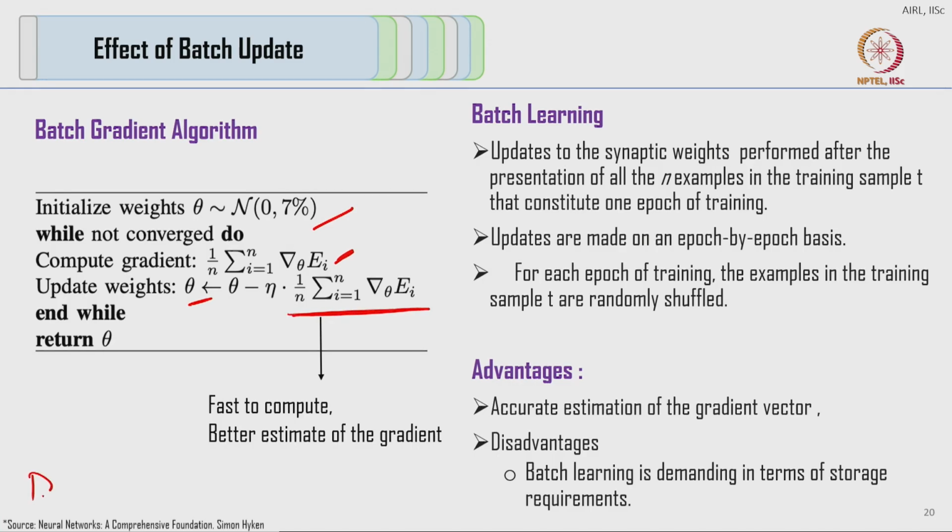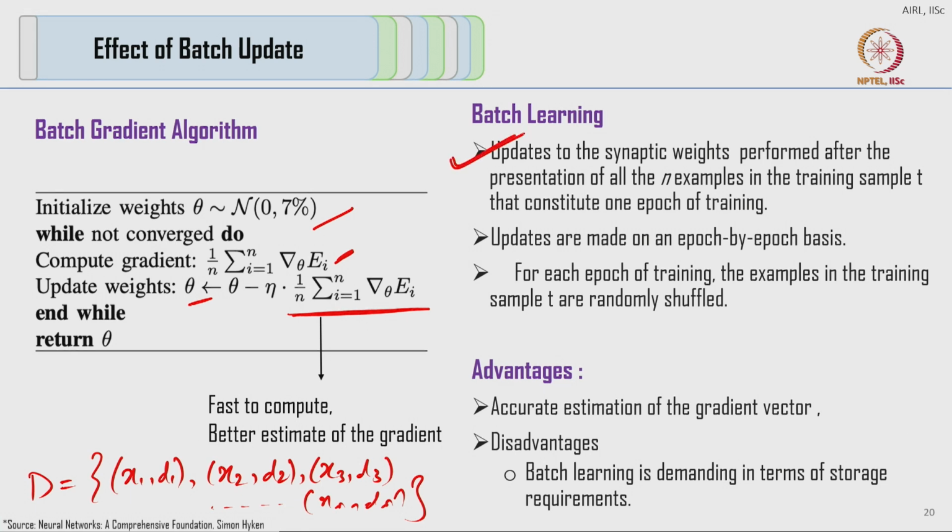So let's again define our data set as x1 comma d1, x2 comma d2, x3 comma d3, up to xn comma dn, right. Now in the batch gradient algorithm, the updates to the synaptic weights are performed after n examples. In the sense, let's take the first 3 examples.